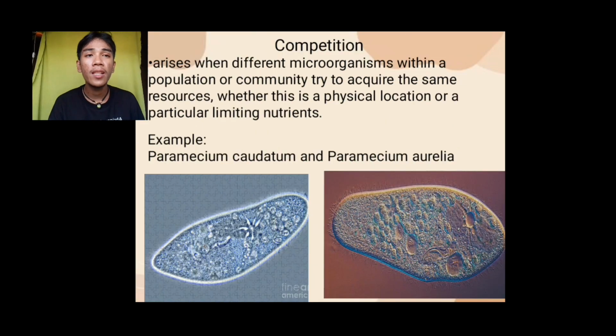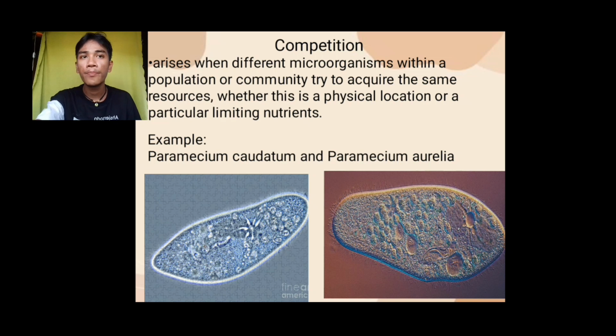Okay, so I think the last one, the competition, which arises when different microorganisms within a population or community try to acquire the same resources, whether this is a physical location or a particular limiting nutrient. We have here the example, the Paramecium caudatum and the Paramecium aurelia.